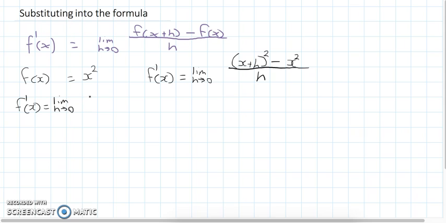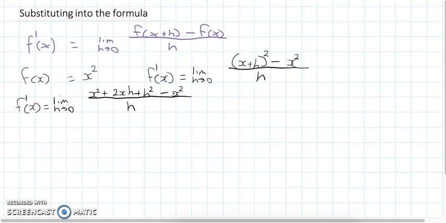So we expand it out, we should end up with x squared plus 2xh plus h squared minus x squared. And again, we just divide all of that by h.